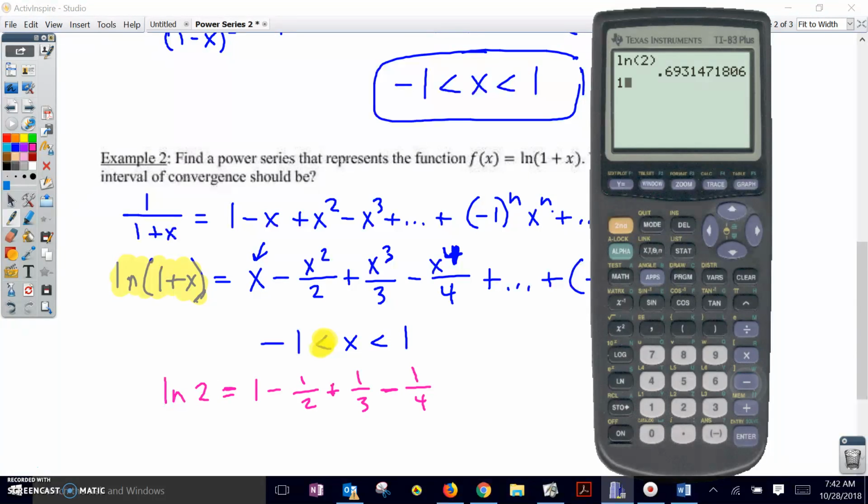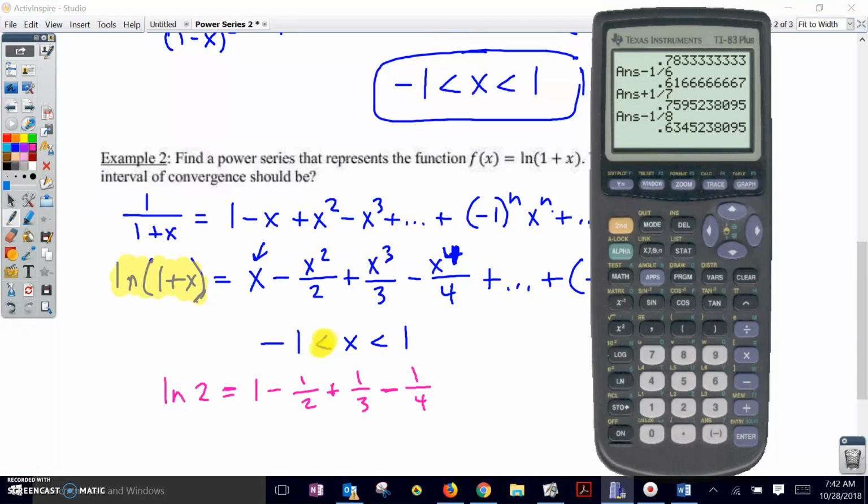And if we start spitting out some partial sums here, we see that this is dancing back and forth over natural log of 2, getting a little bit closer with each additional term that we add on.